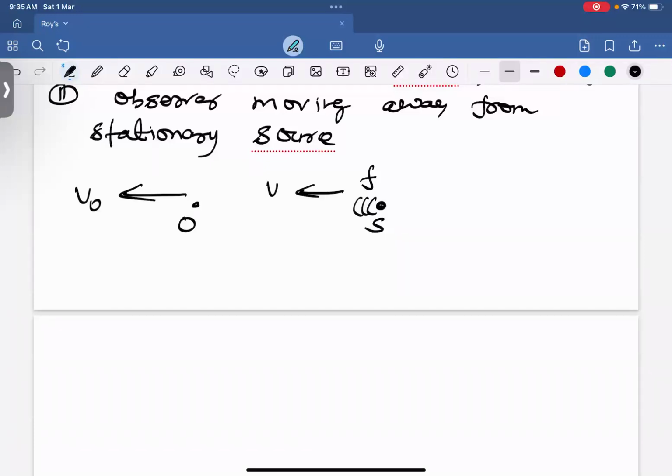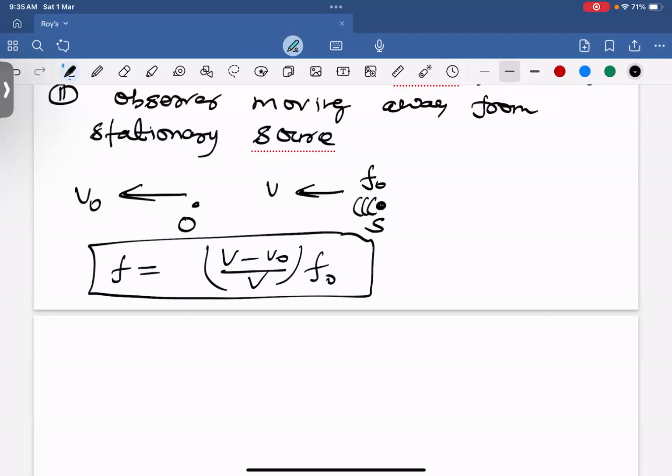Now you can see the relative velocity will be subtracted. The frequency heard will be (v minus v naught) by v into f naught. Now you know what v naught and f are, so I am not writing again. Here it is subtracted.